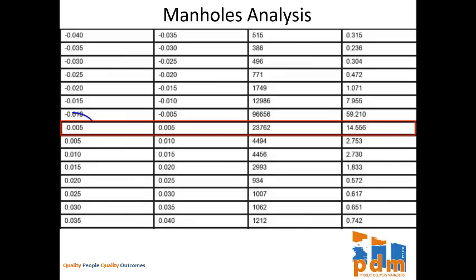This report shows you the percentage of data that falls within a certain zone. You can see here that 14.5% of the data captured falls between plus or minus 5 millimeters. And here 59% of the data falls between 5 and 10 millimeters, and 8% falls between 10 to 15 millimeters.